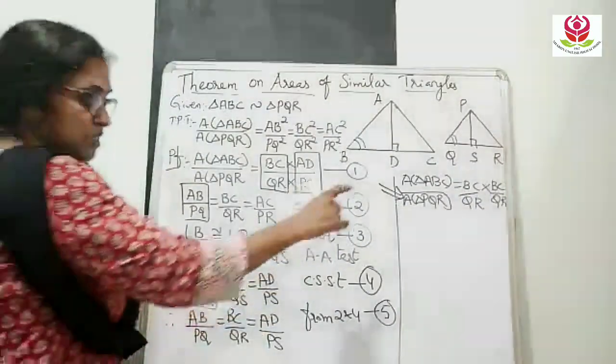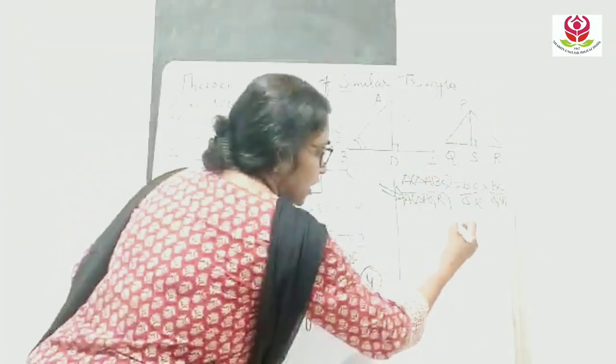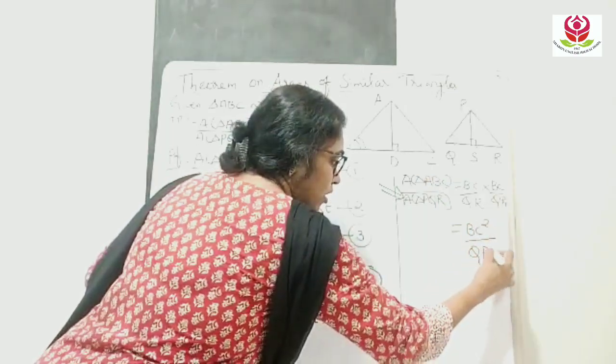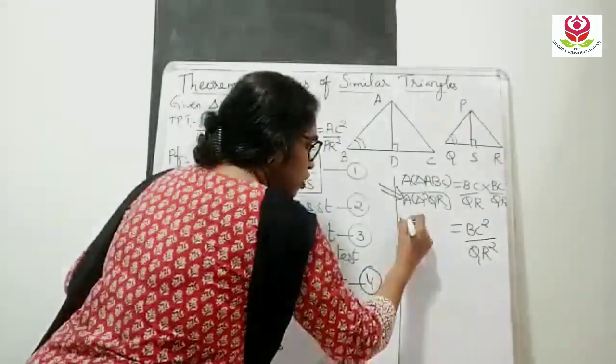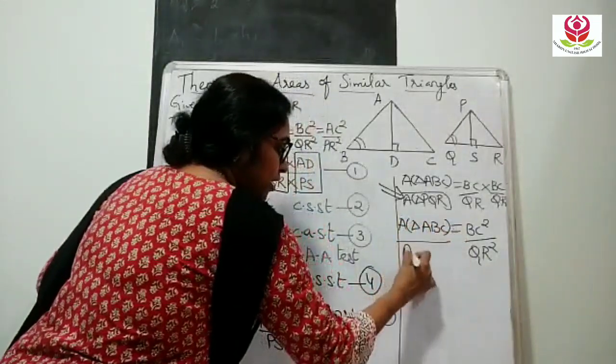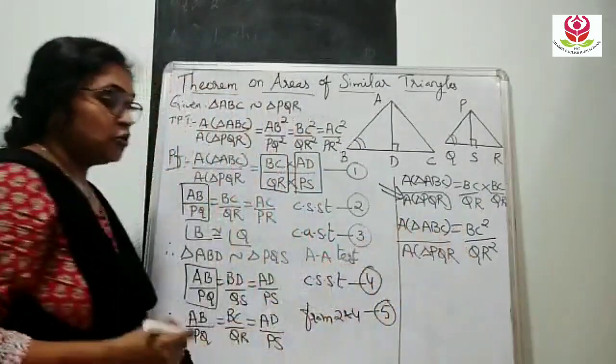So now you can see that the numerators both are BC into BC, which can be written as BC square upon QR square. That means you got area of triangle ABC upon area of triangle PQR is equal to BC square upon QR square.